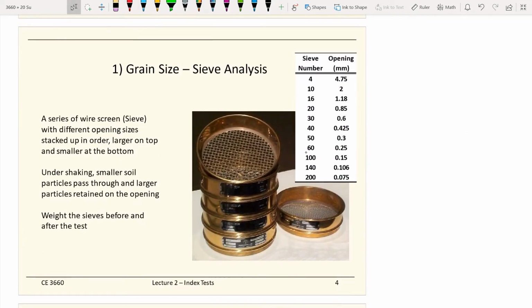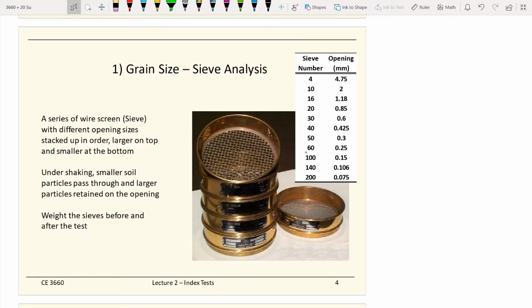So first, the Sieve Test. What is a Sieve Test? Again, we want to measure the size of the particles, and the most obvious way to do it is using a bunch of different sieves with different opening sizes. A sieve test is a stack of sieves with different sizes of openings in the bottoms.